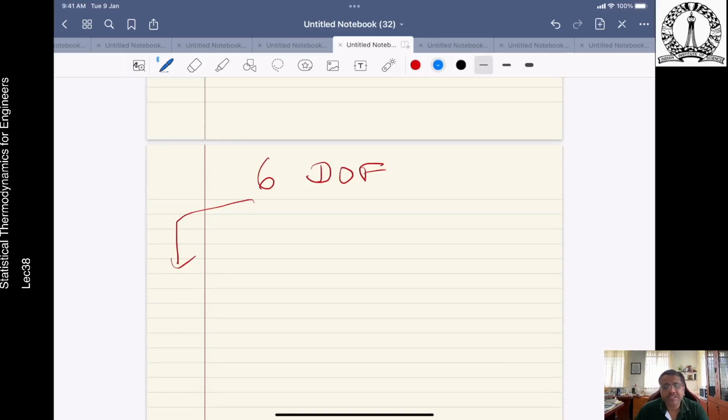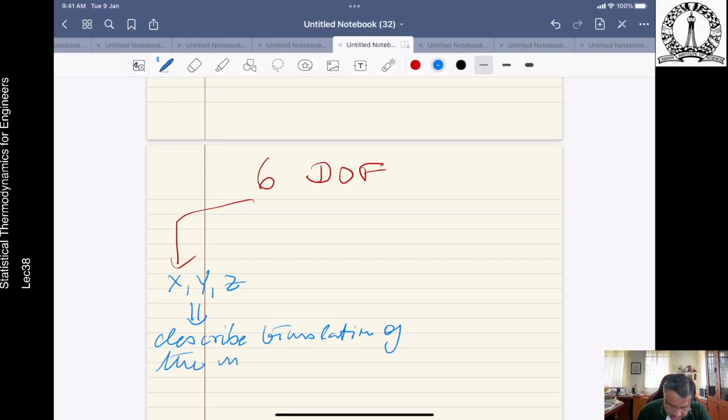Out of these 6, the first 3 degrees of freedom, x, y, z, are used to describe translation of the molecule's center of mass.